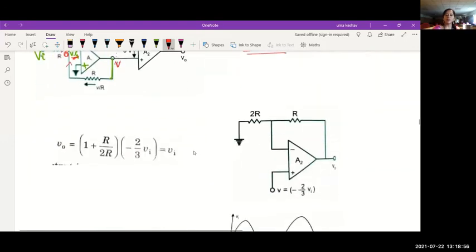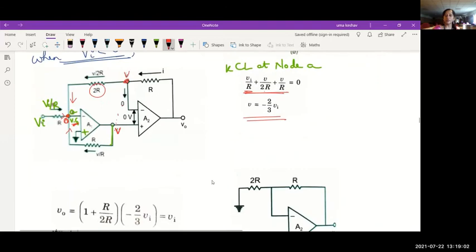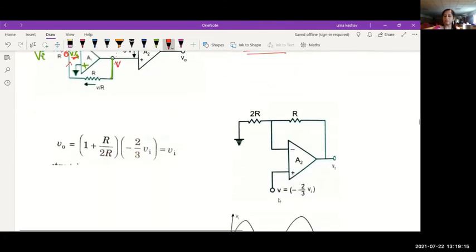And if I just proceed to the final equivalent circuit, this stage, the second stage with 2R here, and since this is virtual ground, I'll connect it to ground here. R is here and the voltage V is input to the non-inverting terminal. This V value is minus 2 by 3 Vi.